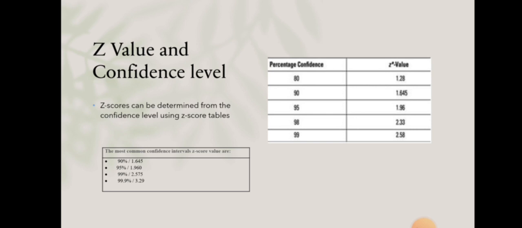Confidence percentage starts from 80, 90, 95, 98, 99. In column 2, for 80% confidence the Z value is 1.28.